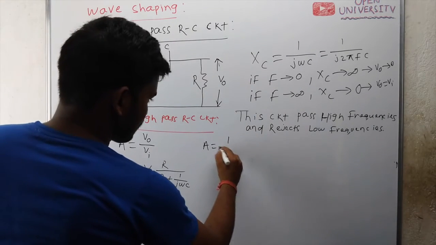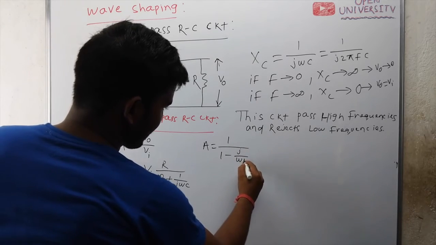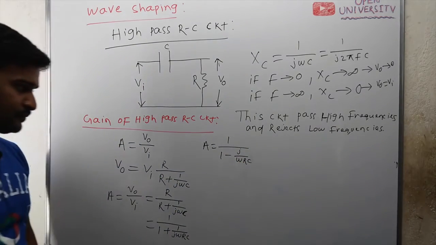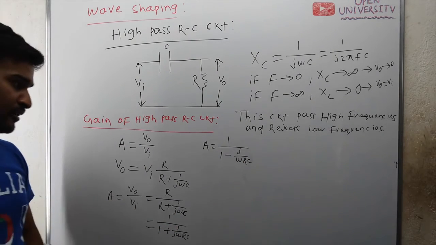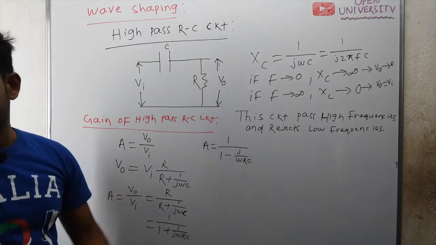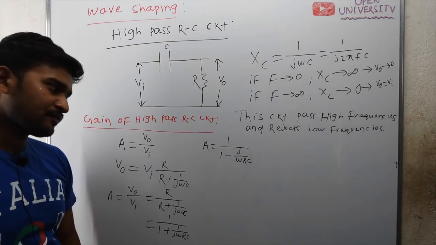A equal to 1 by 1 minus j by omega RC. I am multiplying j in the numerator and j in the denominator, that's why it becomes like this, 1 by 1 minus j by omega RC.